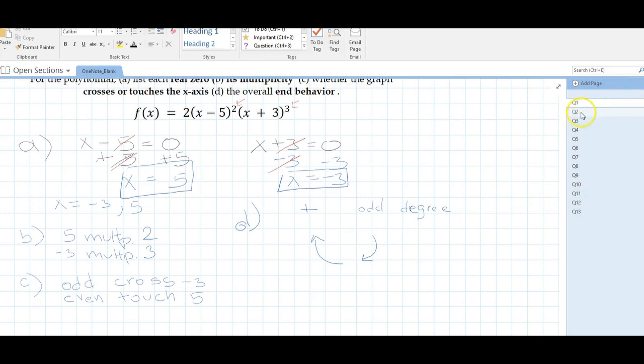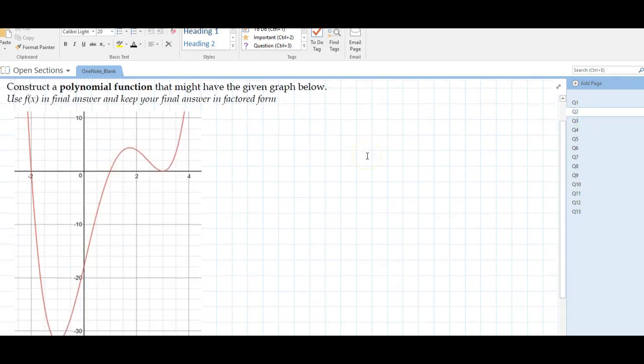Now we are going to go to question number 2. They are asking to construct a polynomial function that might have the given graph below. In this problem, we are going to go backwards. We find from the graph the points where it is intersecting or touching.